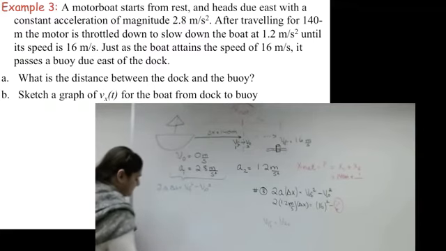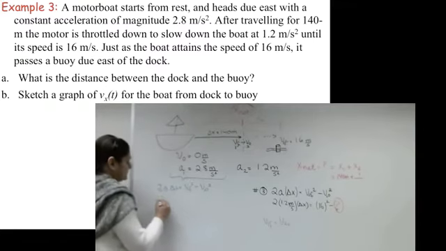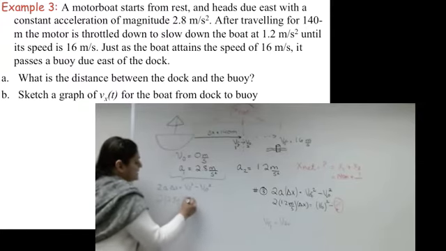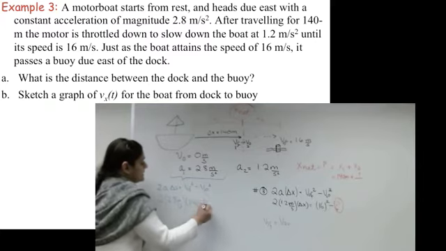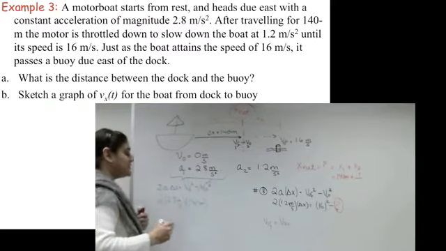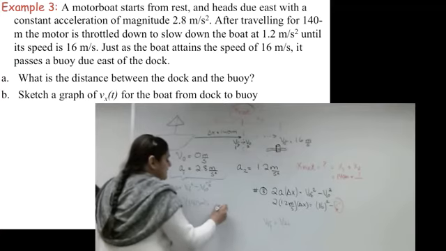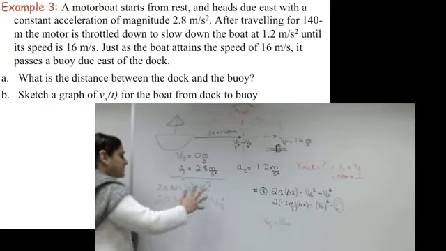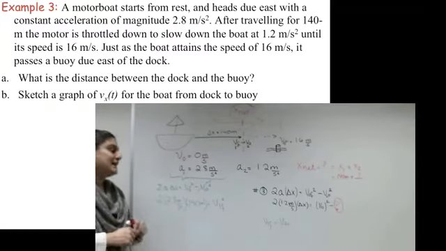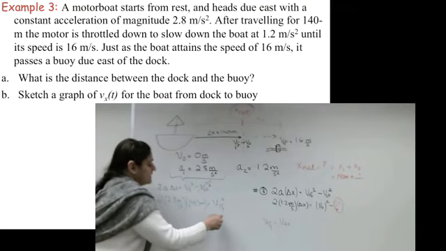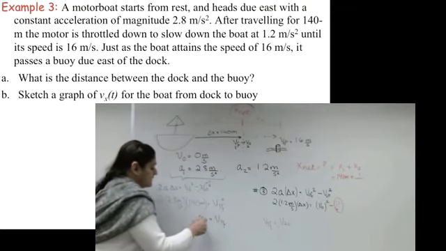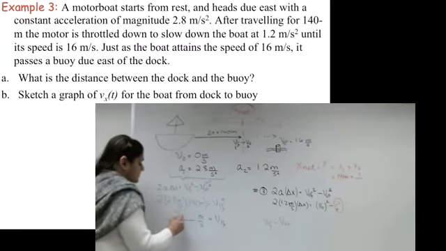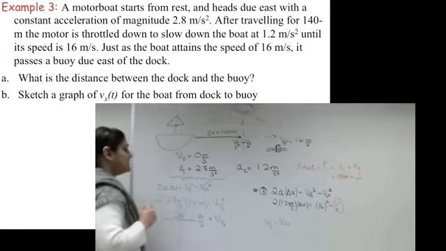It gives me 2.8 meters per second squared, delta X was 140 meters, and my initial velocity, it told me, was at rest. So this means I can calculate V1F squared. I can do a little bit of algebra, plug numbers in, and I come up with a value for V1F, which is 28 meters per second.